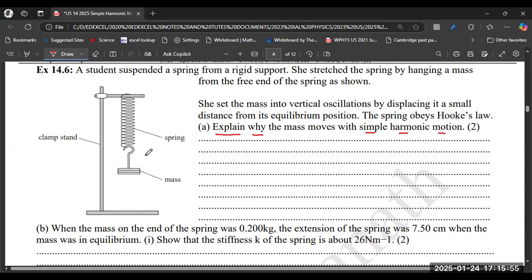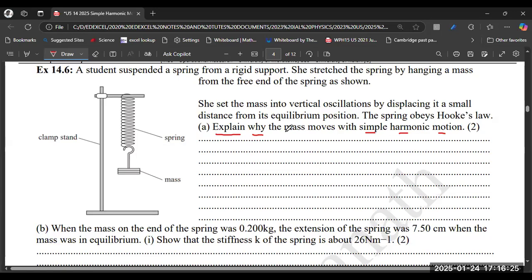It's not because of acceleration. Mass will start to move because of what? The force. So this simple harmonic motion originates from the force. Force causes acceleration. Acceleration causes motion, isn't it?